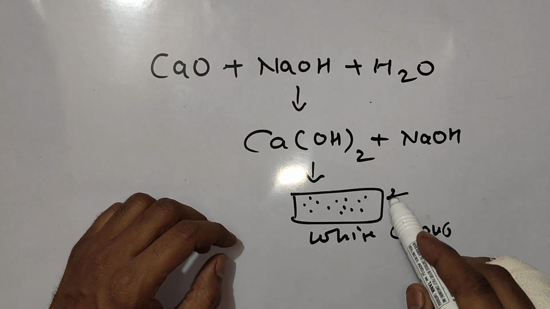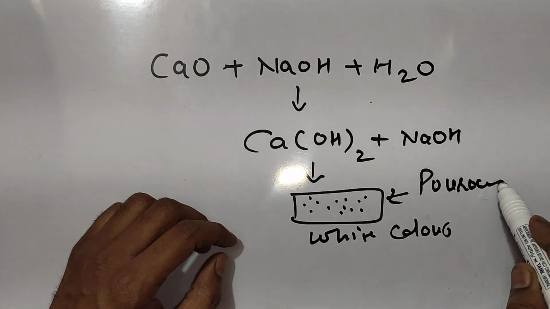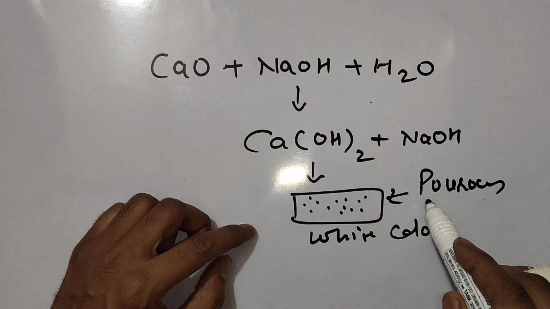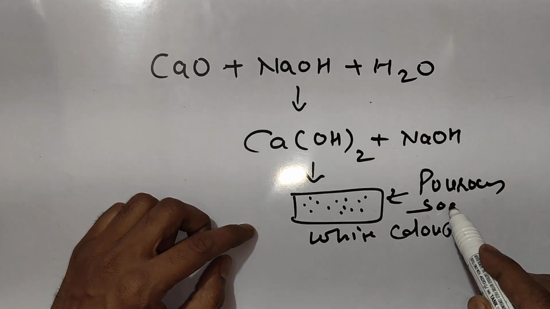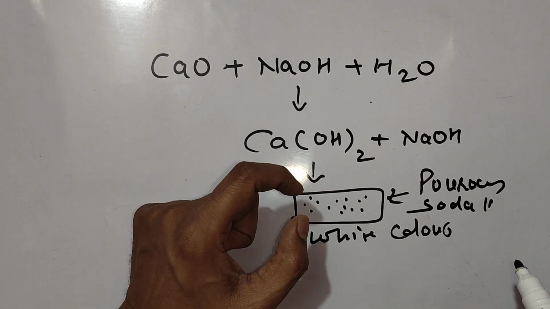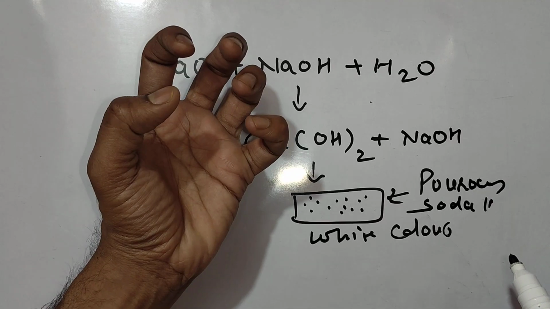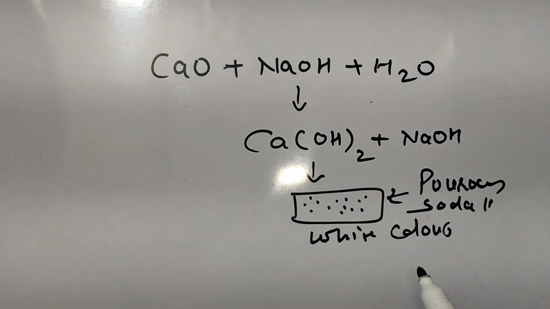That's why it is known as porous soda lime. Porous means pores are there, voids are there. In those voids, it can absorb carbon dioxide gas very easily.